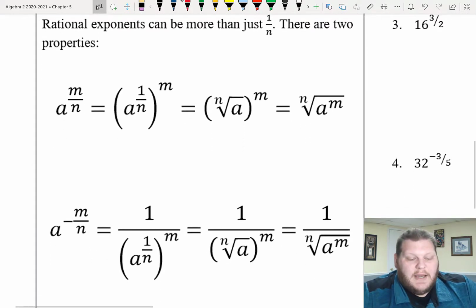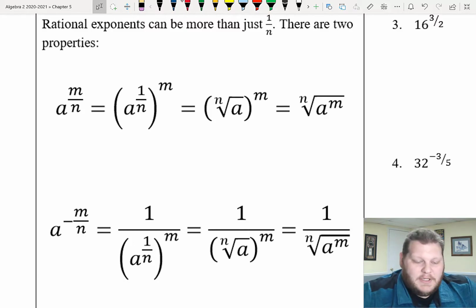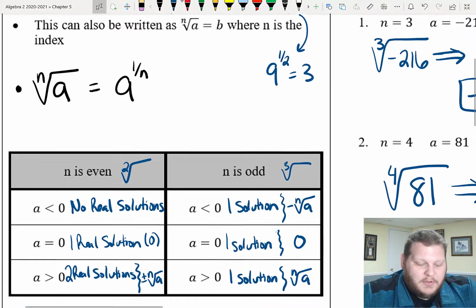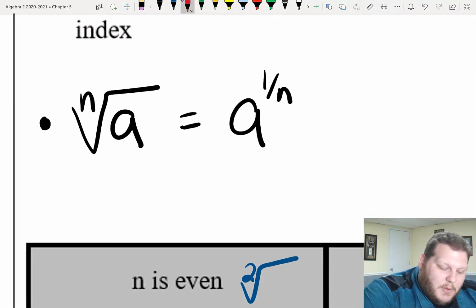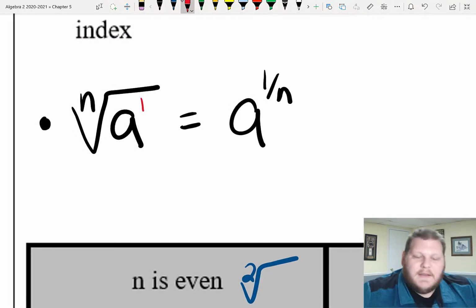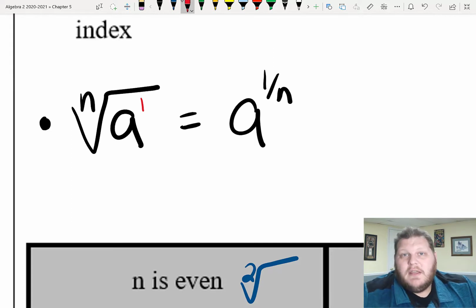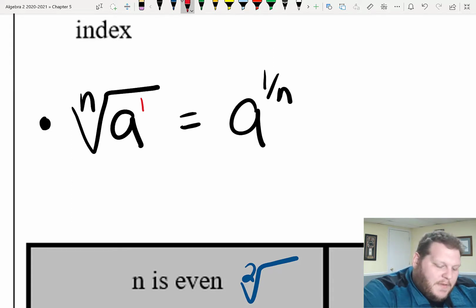So for our rational exponents, we can have things that are more than just 1 over n. And actually, if you look back here, the reason that we have it as 1 over n is that anything that doesn't have an exponent written above it has an exponent of 1, even though we don't usually write it. Just like there's an imaginary coefficient of 1 that I could write here if I wanted to, or you could put this as an imaginary fraction over 1.